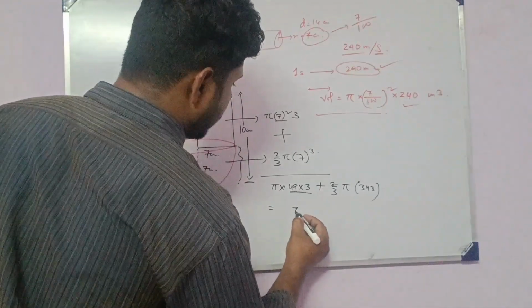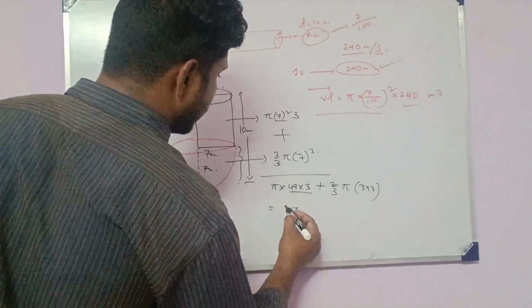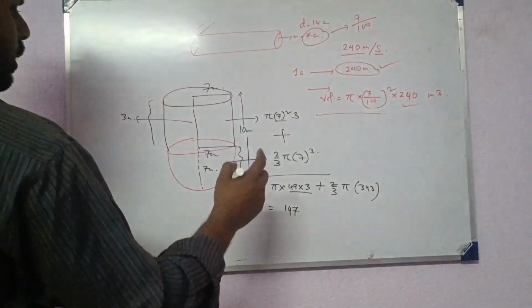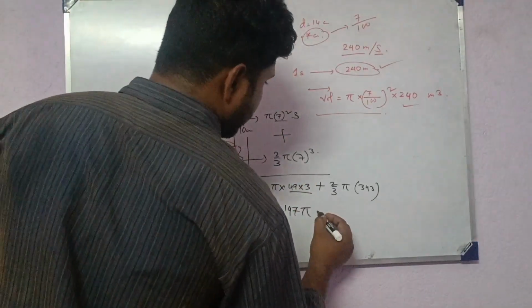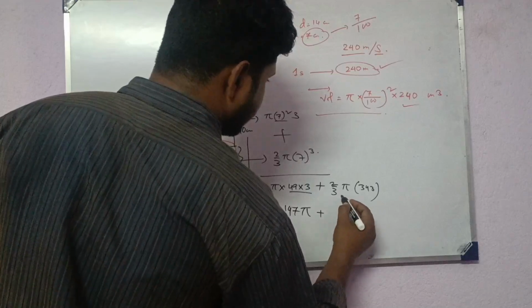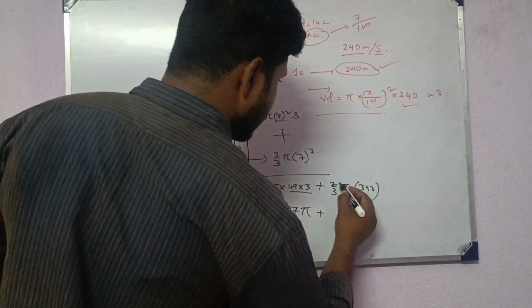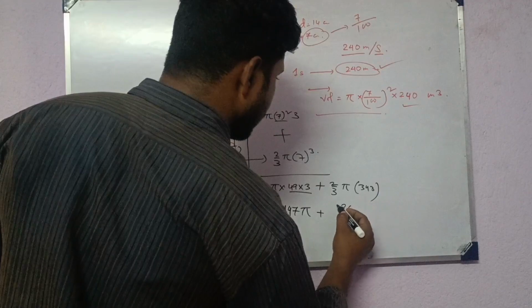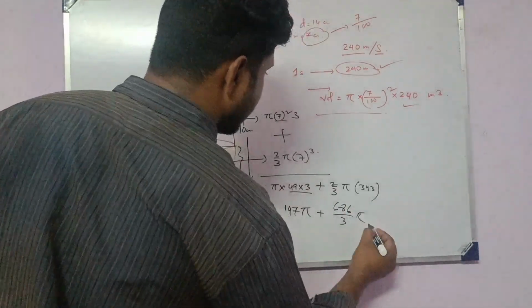9 3s are 27, 4 3s are 12, 13, 14, so 147 pi plus 686 pi.